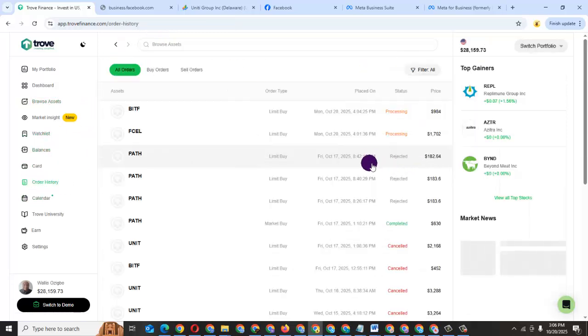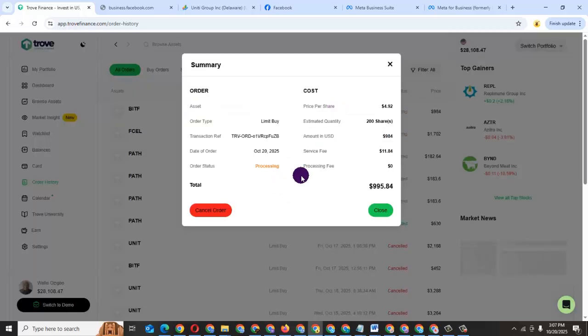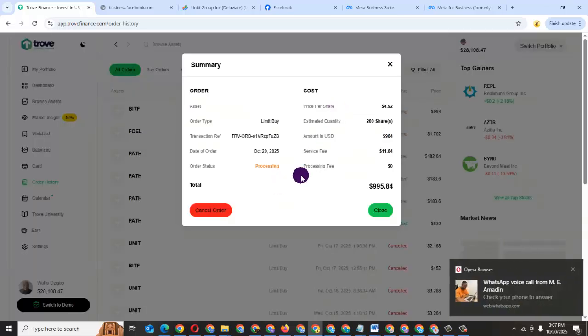Once it appreciates by $1, I'm going to take profit. And for Bitfarm, my target is for it to hit $5.50, and then I will take profit as well.